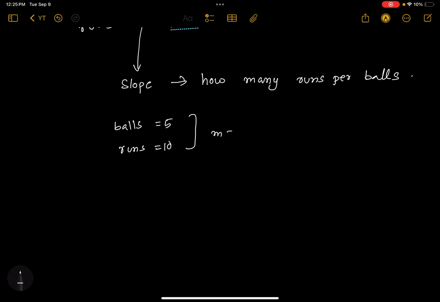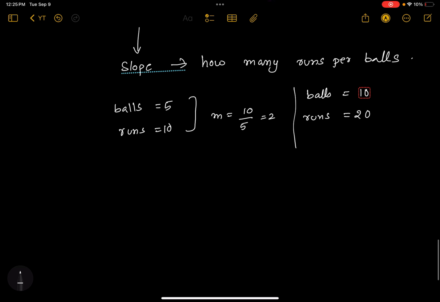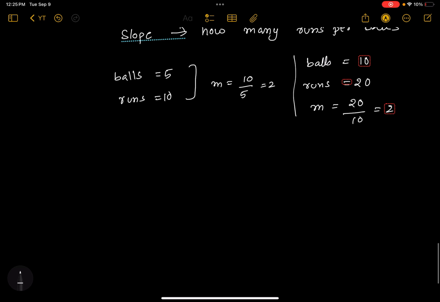So my m will be 10 by 5, which is 2. You can take some other example also and calculate. That will give you 2 only. Balls are 10 and runs are 20, so m is 20 by 10, which is 2. In other words, we can say that the batsman is scoring 2 runs per ball in this example.